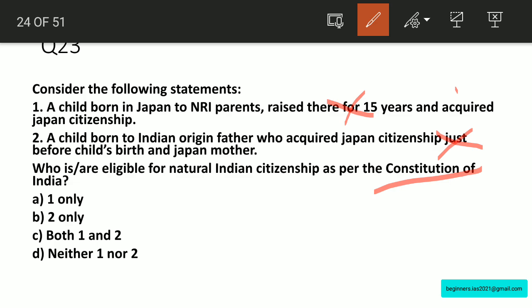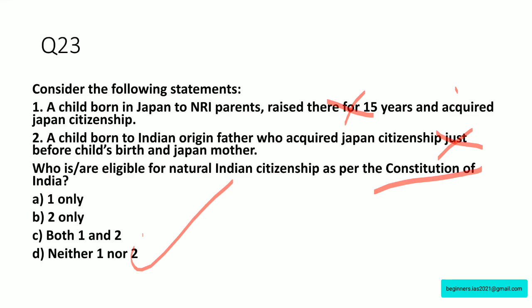Even if the father is of Indian origin, he is not a citizen of India at the time of birth of his child. Therefore, the child is not eligible for natural Indian citizenship. Therefore, he can obtain it through descent only. We have to identify the correct statements regarding this question. Therefore, neither 1 nor 2 is the right answer for question number 23.